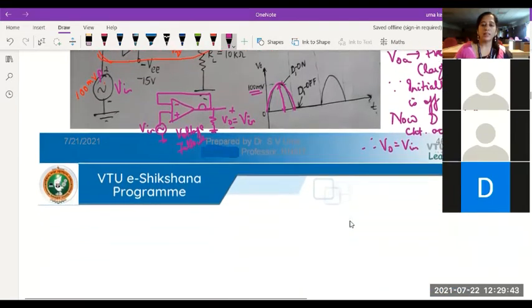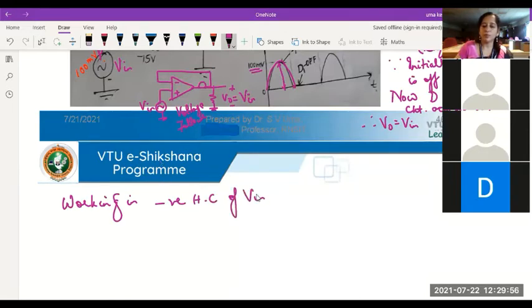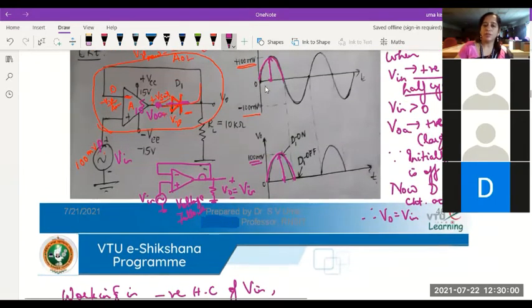Coming to the negative half cycle, what happens? You can see in this waveform, as soon as the input voltage starts going negative, V in becomes less than 0.